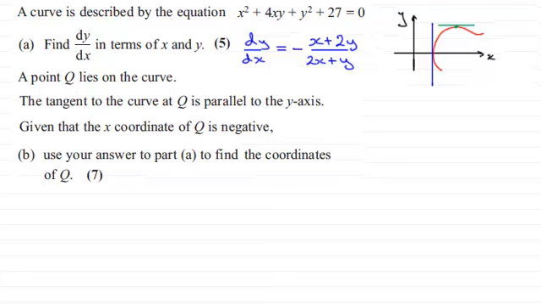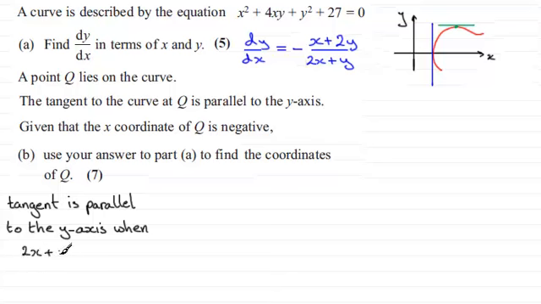So the tangent is parallel to the y-axis when the denominator is 0, in other words 2x plus y equals 0, which rearranges to y equals minus 2x. Now we just have to solve simultaneously this equation with the equation of the curve.